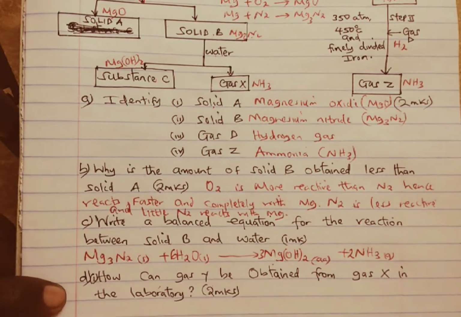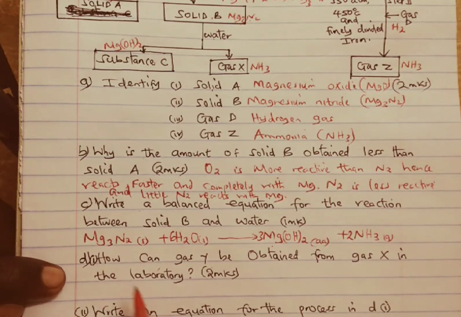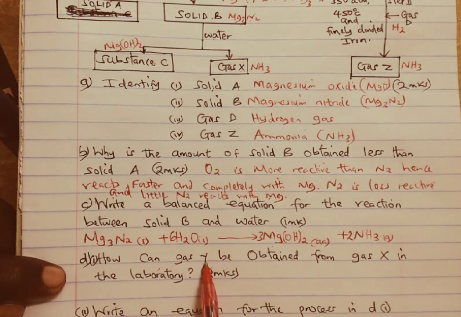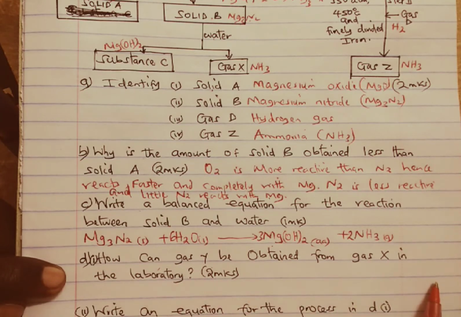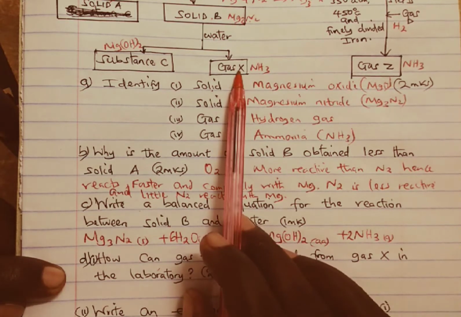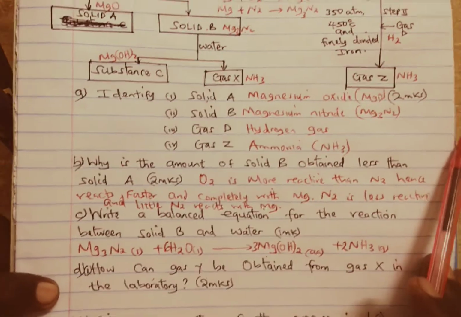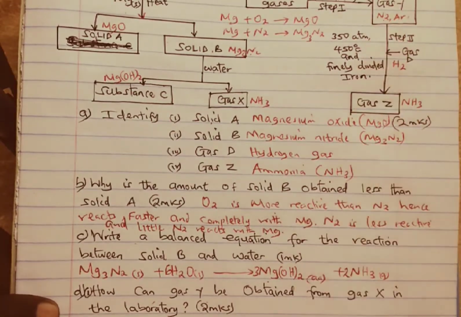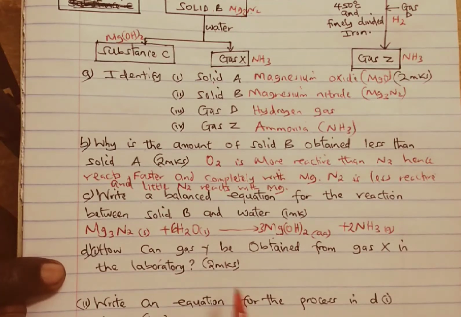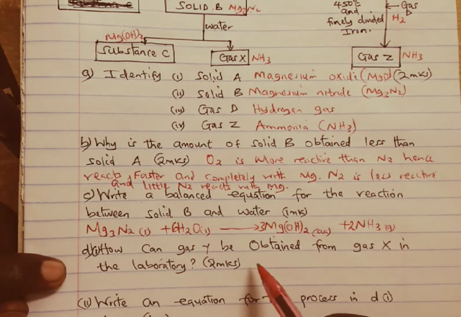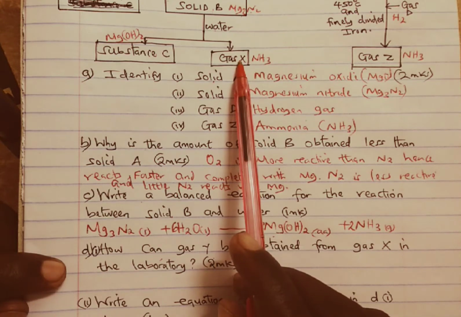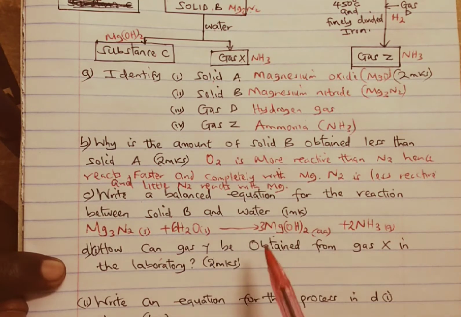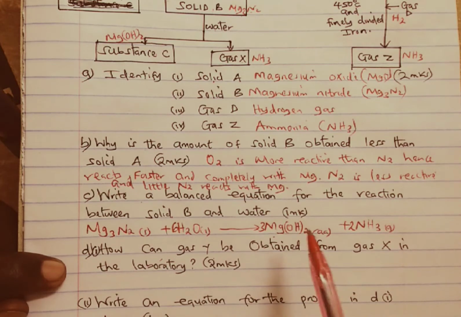We go to part D. How can gas Y be obtained from gas X in the laboratory? Remember, gas X is ammonia, and we want to obtain gas Y, and gas Y is nitrogen. So for us to obtain gas Y from gas X, we simply pass gas X through heated copper 2 oxide, where gas X is reduced to nitrogen gas.